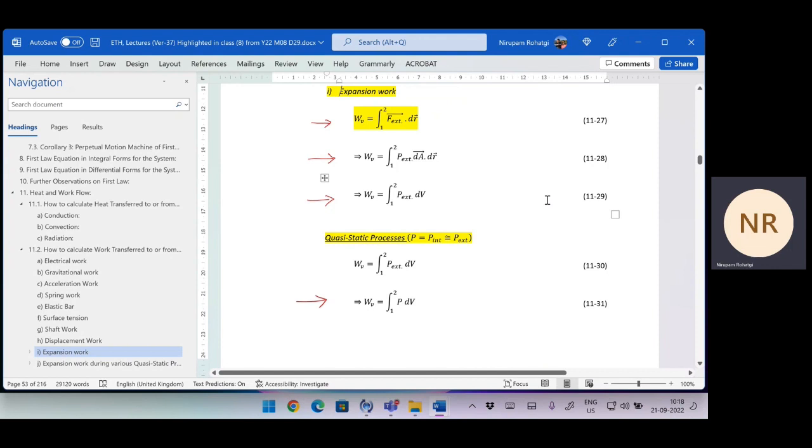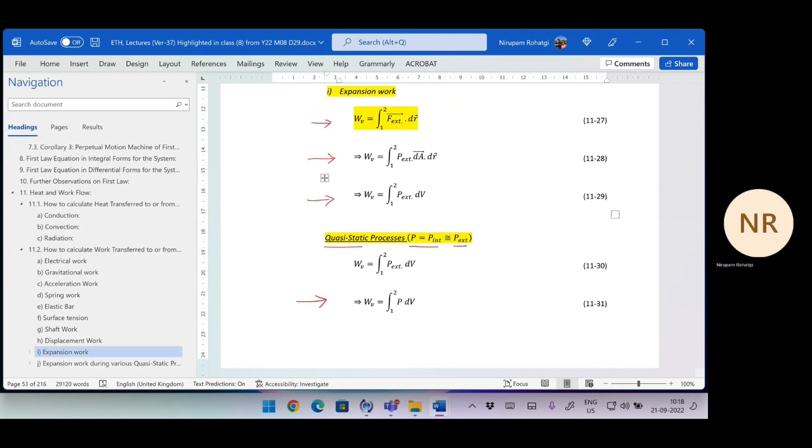Now, it depends upon whether your process is quasi-static. If it is a quasi-static process, then the inside pressure P is equal to the external pressure because it is a very slow process. This is the assumption you make for a quasi-static process.